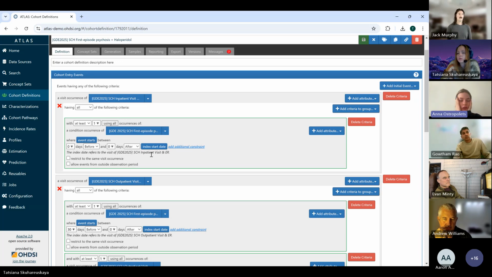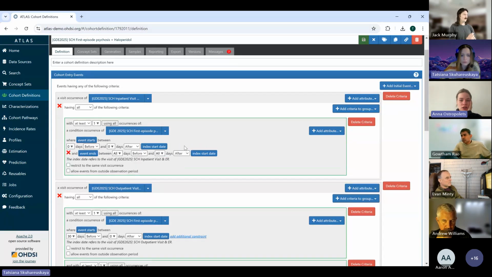If you were to do it the other way around, in the first box, you see in blue cursive, add additional constraint in the days. So you can add that. And then what we want is a visit and then a condition that starts 0 days before and all days after.